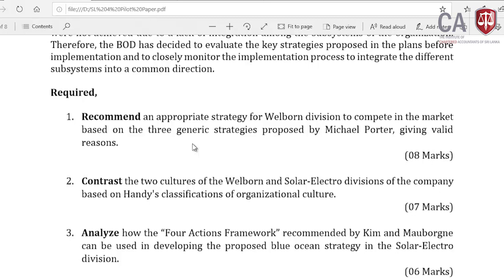So, first of all, talk about the theory part, then analyze each strategy, whether this can be applied to the Wellborn division or not. So, we will look at the answer also.